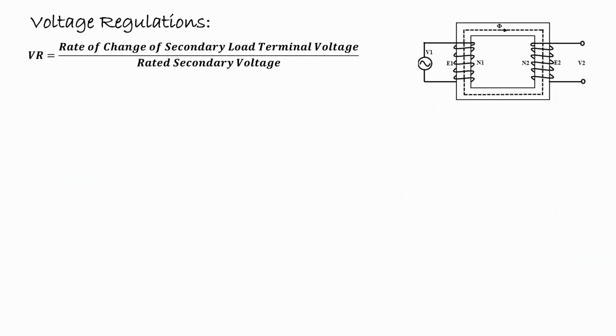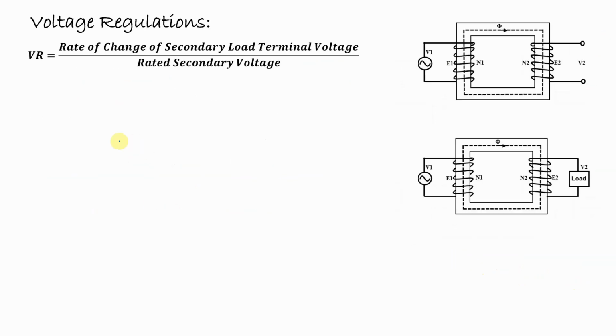Therefore, at no load condition, the voltage across the secondary terminal is E2, and at loaded condition, the voltage across the terminal is V2. So the change in terminal voltage from no load to full load can be represented as E2 minus V2, because at no load it is equal to E2, but at loaded condition the value of V2 will obviously be less than E2.